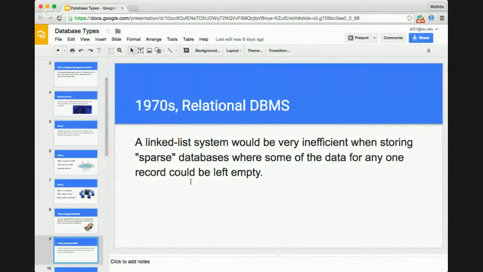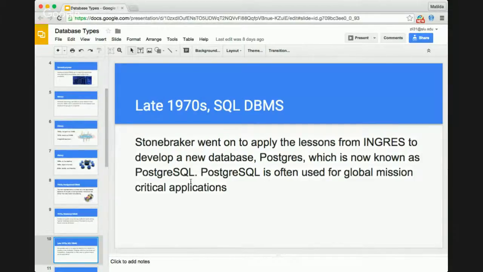The 1970s, Relational Database Management System. A linked list system would be very efficient when storing sparse databases where some of the data for any one record could be left empty. Later in the 1970s, the SQL Database Management System.